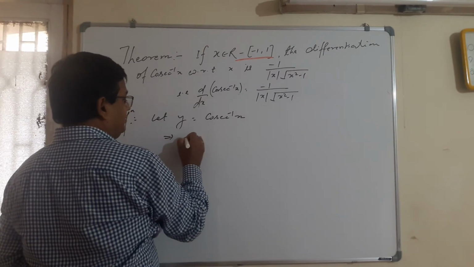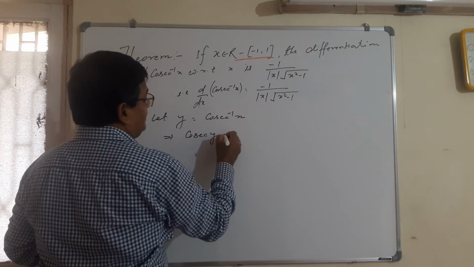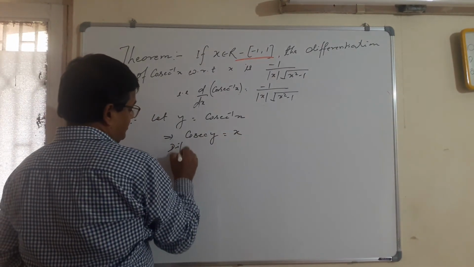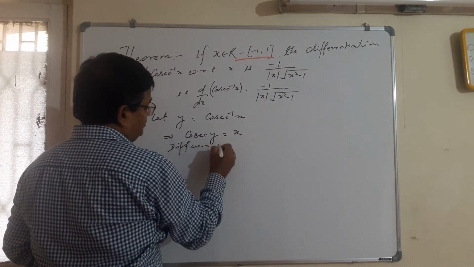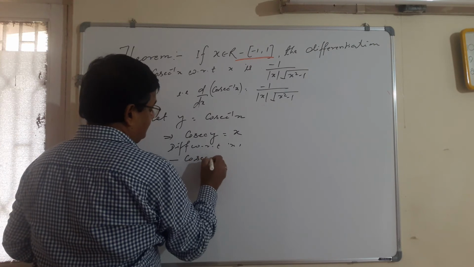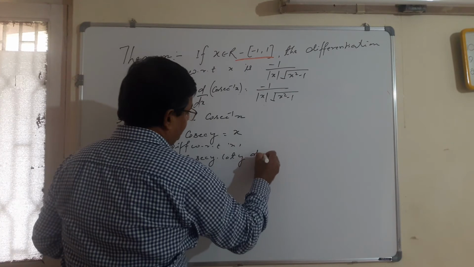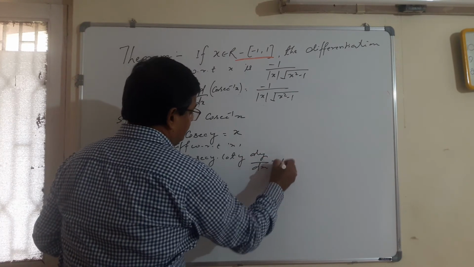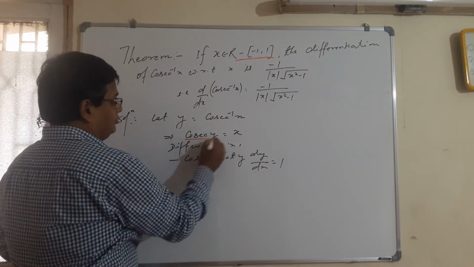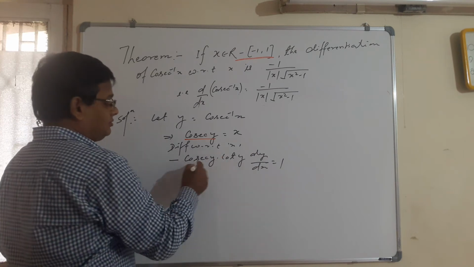So it means cosec y is equal to x. Differentiating with respect to x, we get minus cosec y into cot y into dy by dx is equal to 1. The differentiation of cosec y, we know that the differentiation of cosec x is minus cosec x into cot x.